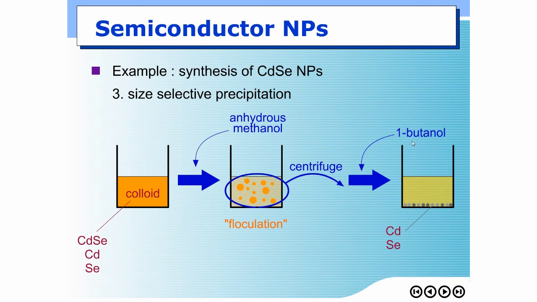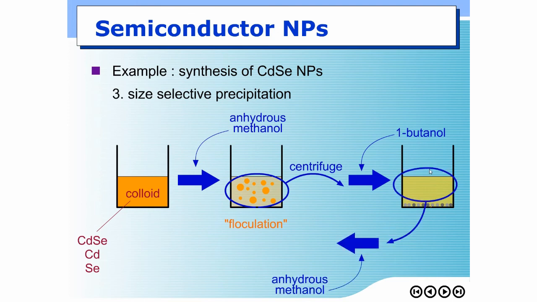It's not really dissolved in butanol, but it can suspend, whereas cadmium and selenium will precipitate. So if we take this clear solution and add methanol again, methanol would induce flocculation. And if we take this flock and put it into the butanol, you will repeatedly eliminate cadmium and selenium.